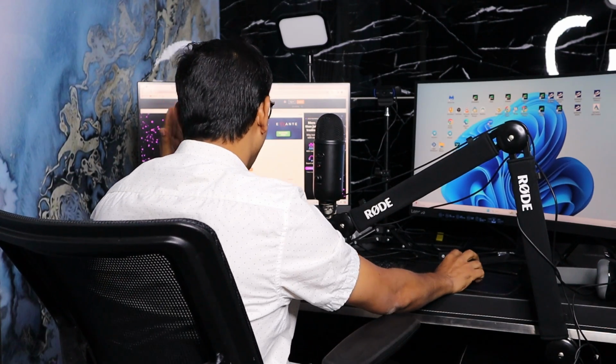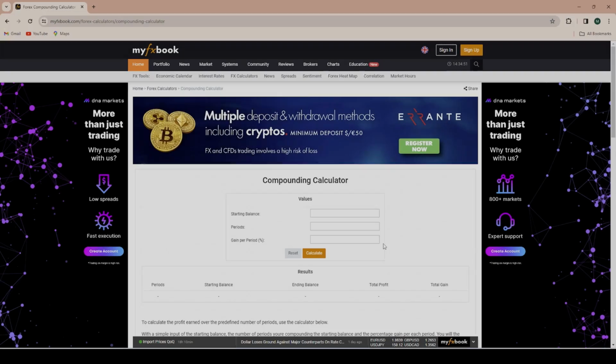Okay guys, so we are looking at this website called myfxbook.com. If you look at this website, what do we see? There is a starting balance and periods, and also how much you want to gain each period. Now imagine that you start with a very small account, let's say a $500 account.